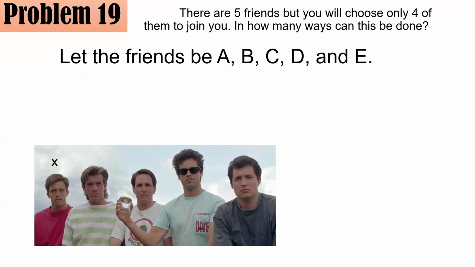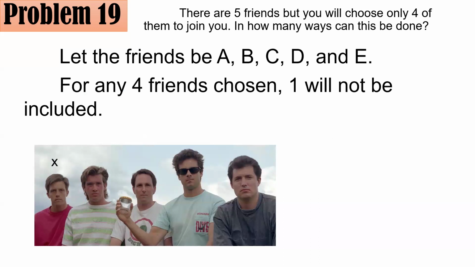Let the friends be A, B, C, D, and E respectively. So you could give them a name, but this time let's say their names are those five letters. For any four friends chosen, one of them will not be included, right?